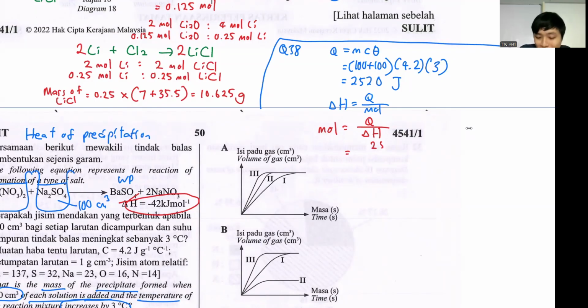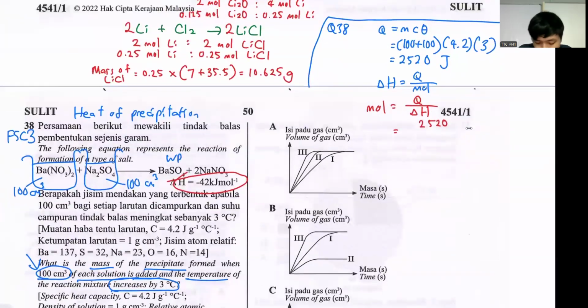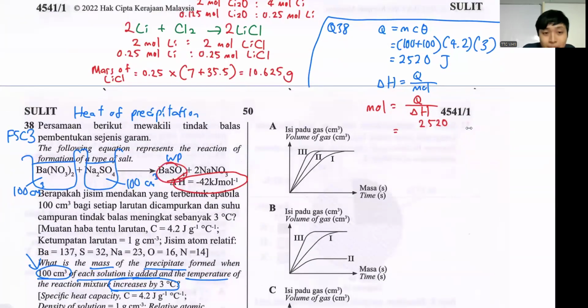You want to find the mass of barium sulfate, so of course you have to get the number of moles first, then you can multiply by the molar mass.